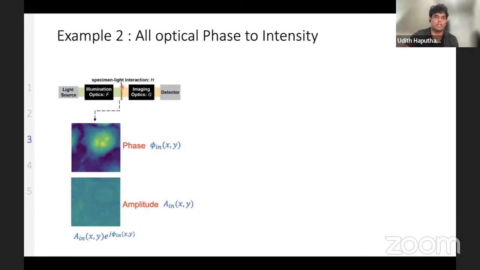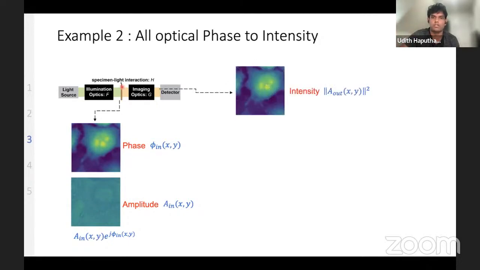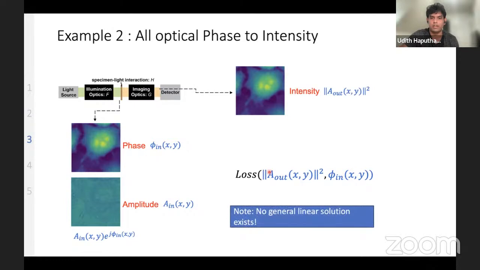Basically, the sample is thin and transparent. Our goal is to get this phase into intensity at the detector, so we use a loss like this: the output intensity at the detector should be similar to phi, the input phase.